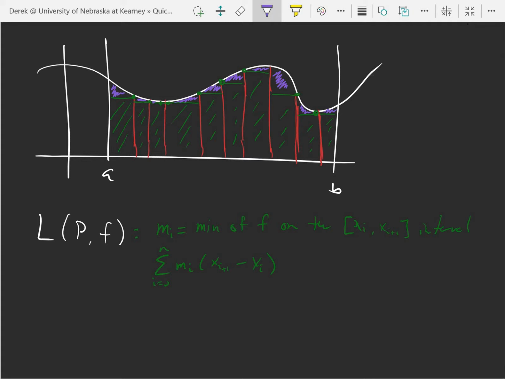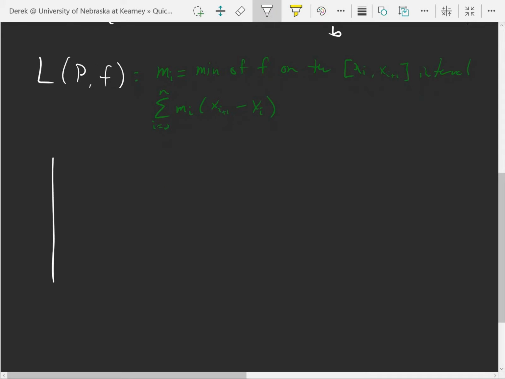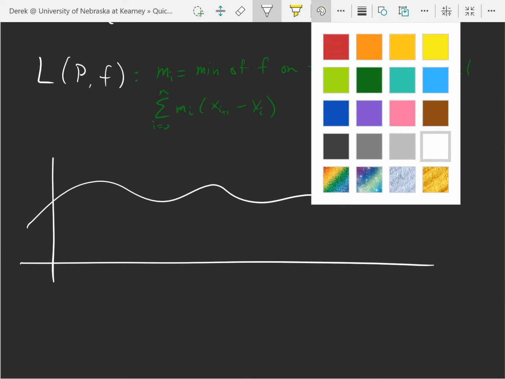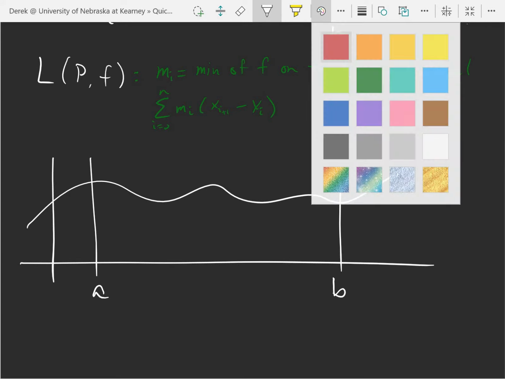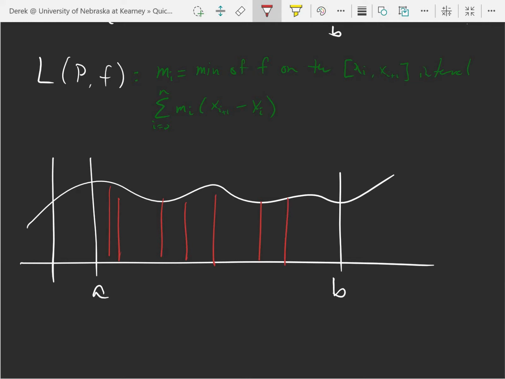Okay, similarly, we could do this with an upper integral, and the picture for that, I've got this function. I'm going from a to b again. We take another partition. Maybe that's our partition, and I draw rectangles, and I want the maximum values now instead of the minimum values.